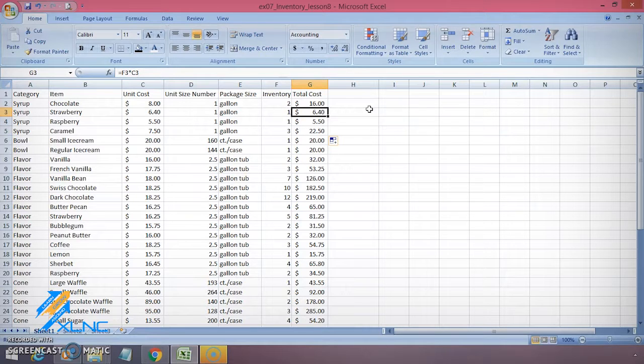So here in G3, the formula reads the value in one cell to the left times the value that appears in 4 cells to the left, or F3 times C3. And you can see the same thing in these other cells.